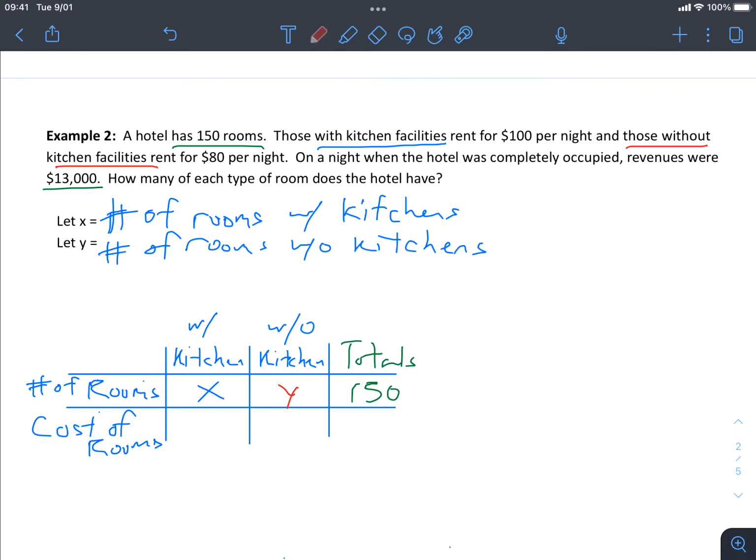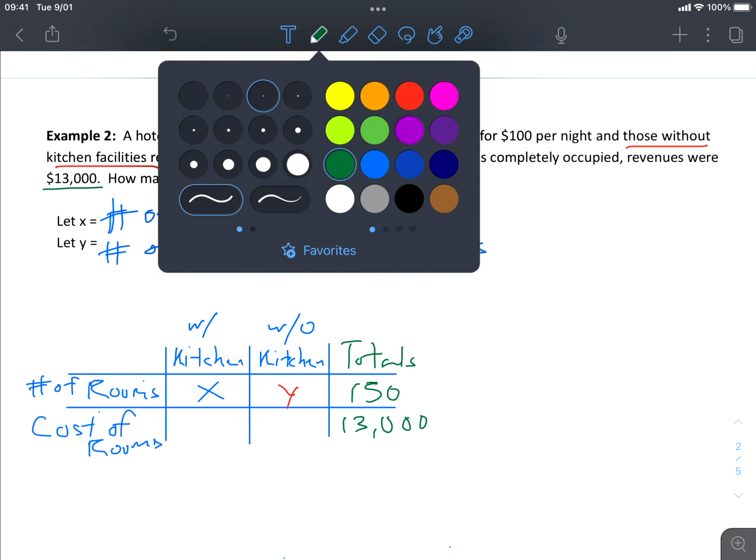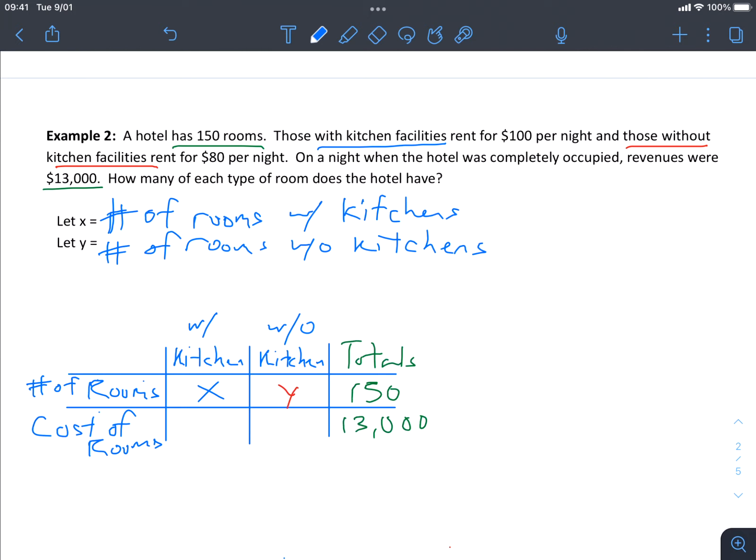Now we're also told that the total amount of money earned by the hotel, or the revenues, is $13,000 when they fill up all the rooms. And we're told that rooms with kitchens cost $100 per night. So we could say 100 times X, because the hotel gets $100 for every room with a kitchen. Similarly, the hotel gets $80 for every room that does not have a kitchen, or 80Y.